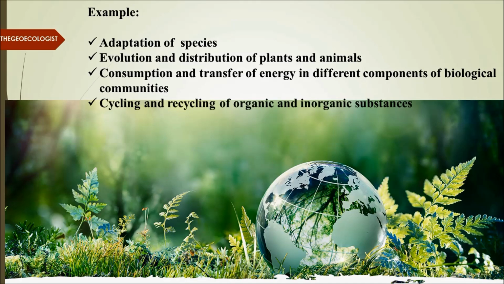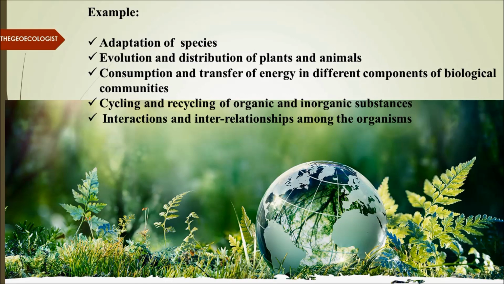Then what we see is cycling and recycling of organic and inorganic substances. Remember, nothing is waste in an ecosystem or in ecology. Why? Because it is recycled and cycled again and again in the same system, isn't it? So recycling is again fundamental to organic and inorganic substances in ecology.